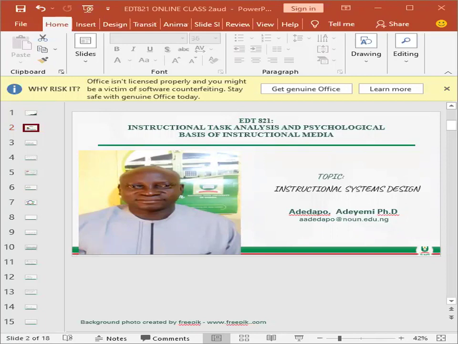During our last interaction, we defined and explained the concept of educational technology. From there, we discussed extensively the sub-concepts of educational technology: the technology in education and technology of education.